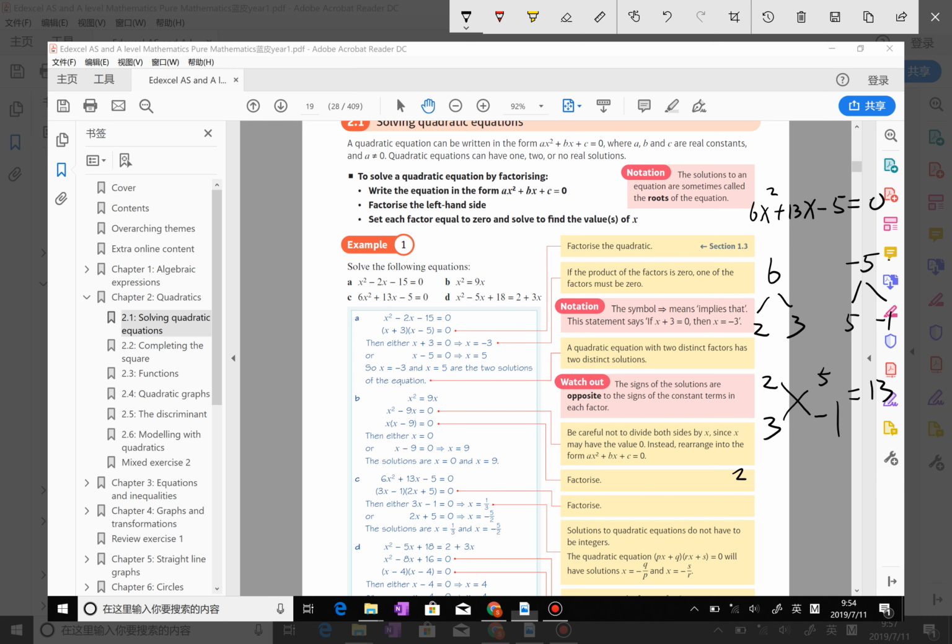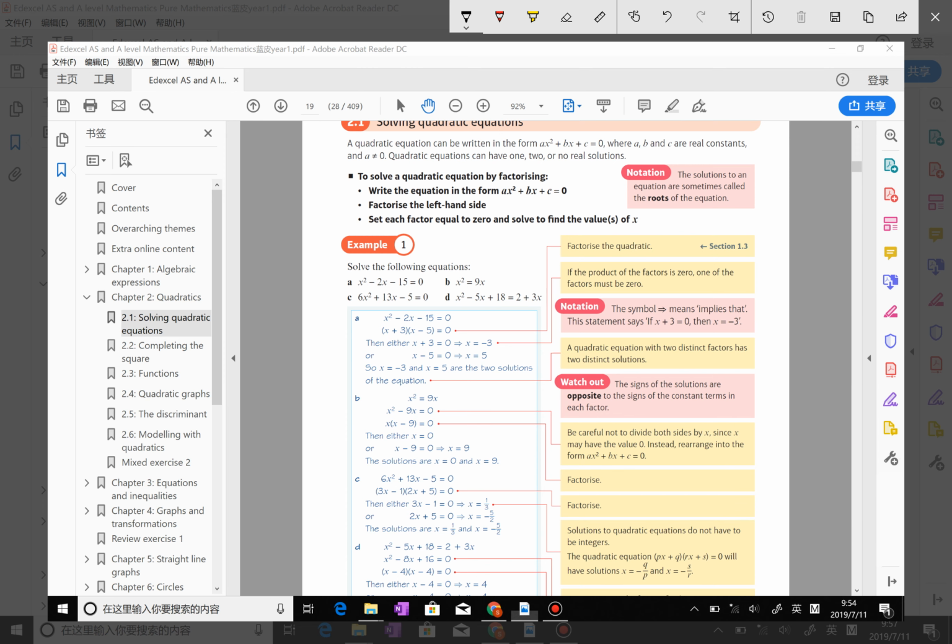So we rewrite the equation as 2x plus 5 times 3x minus 1 equals 0. So x equals negative 5 over 2 or x equals 1 over 3. These are the two solutions for the quadratic equation.